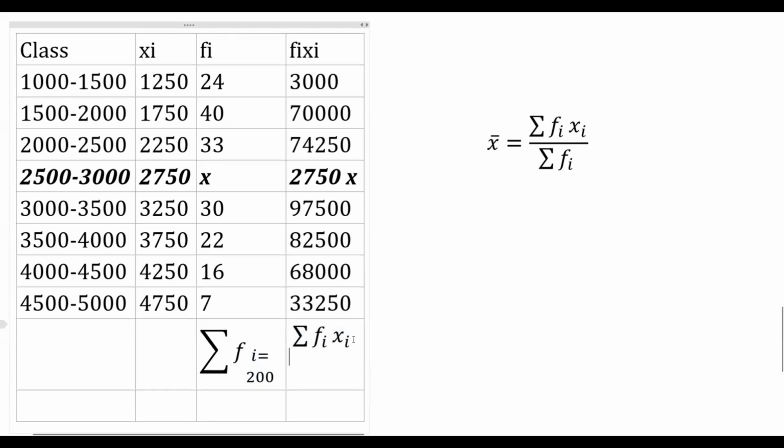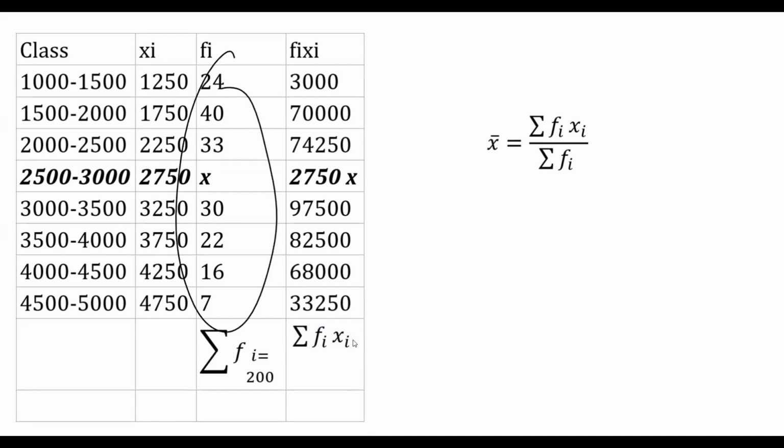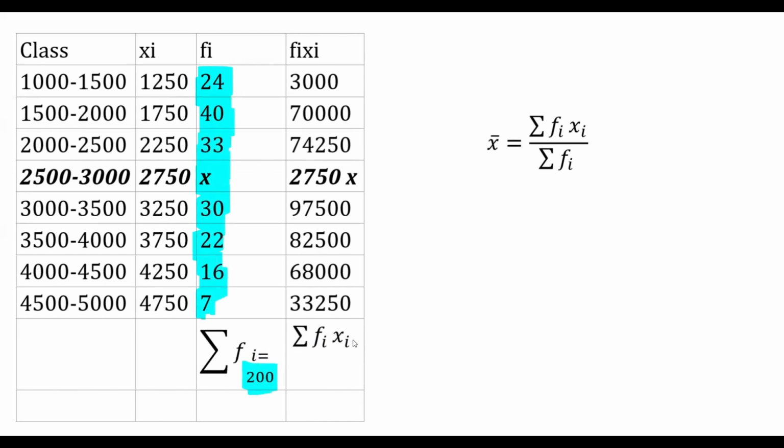And coming to the next part, what is sigma fi xi, that you have to calculate. But before that, let's figure out the value of x here. So what we can see here, that we are given the sum of these. If I add these numbers over here, this column, this is equal to 200. So I already calculated, this is 172 plus x is equal to 200.